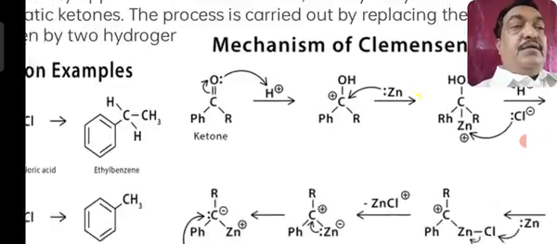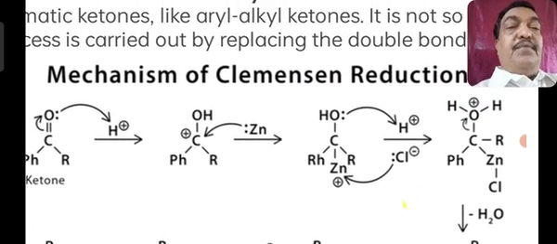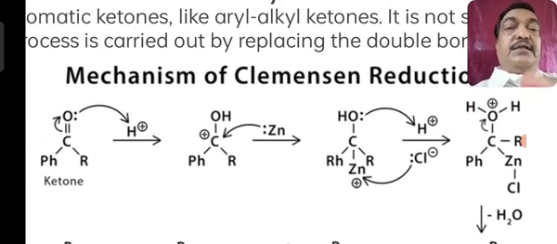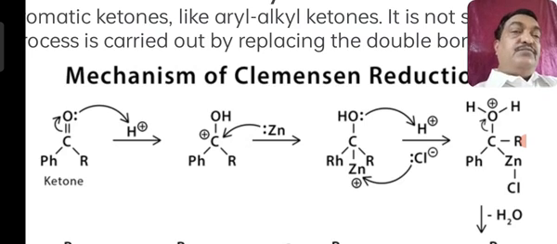Okay, now let us come to the mechanism part. In the mechanism part, you can see generally a ketone, Ph means C6H5 phenyl ring, C double bond O, R, is protonated. This reaction you already know, a carbocation.